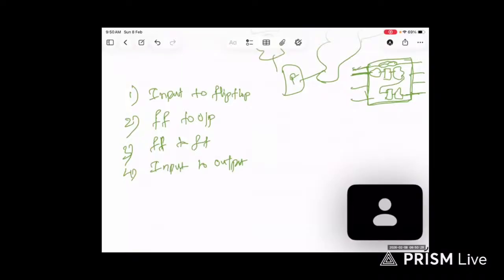There will be certain operations in the chip where there will not be any flip-flop involved, but rather only some combinational logic will be involved, and then the output comes directly. So this is a path that is generally not available, and that doesn't come into the timing aspects at all. I'm saying this input to output path.